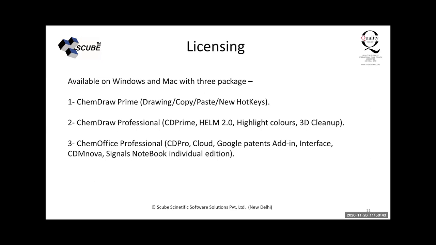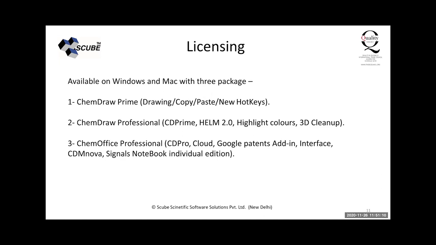Helm stands for hierarchical editing language for macromolecules, right? So you can draw the RNA, DNA fragments, the amino acid side chain. If you have some other macromolecule customization, you can also do it in Helm, right? Then we have highlight colors and 3D cleanups. These features are there in ChemDraw Professional.